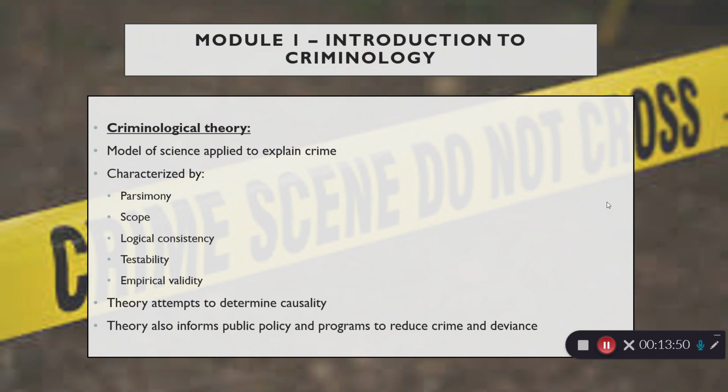Logical consistency, they have to make sense, right? There are certain aspects of it that have to be intuitively correct. It has to make sense on its face. If two things go together, and we make the claim that A causes B, well, then A has to come before B. Like deterrence, harsh punishments deter, the death penalty deters violence.